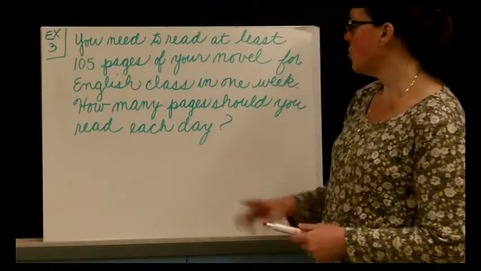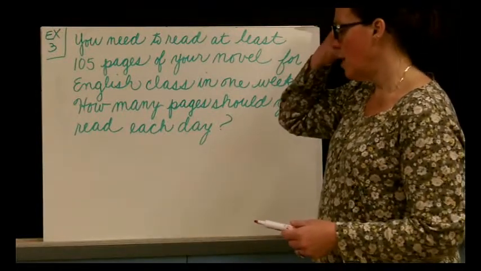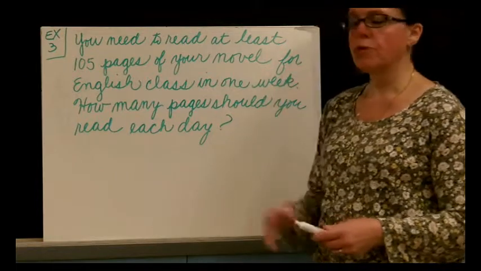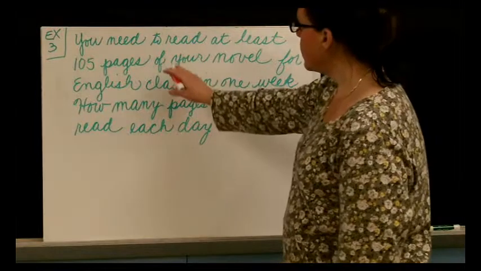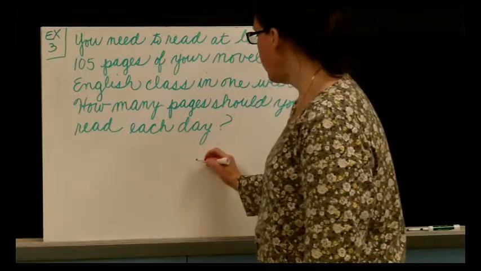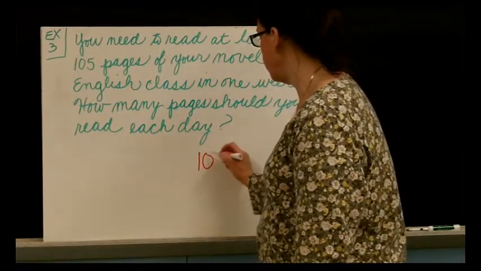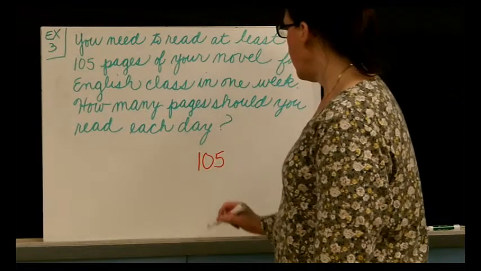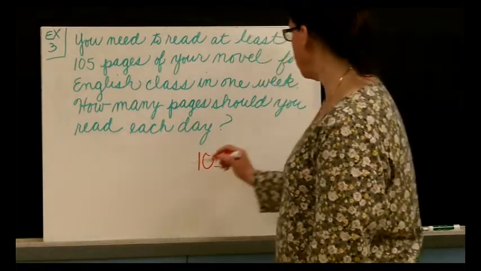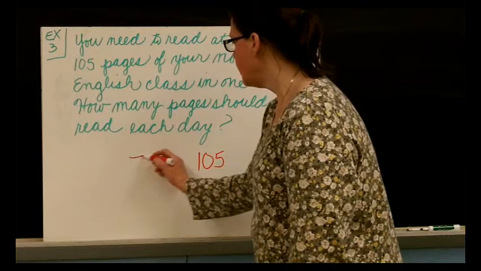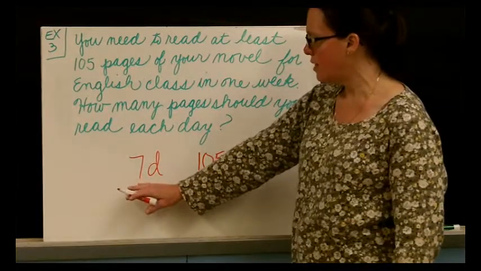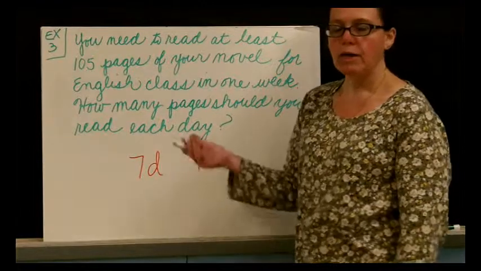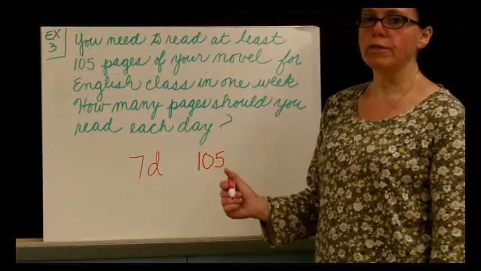And so we're going to write our inequality, assuming you're going to try to read the same number of pages every day. So since we have our 105, and we are going to read 7 pages every day, I'm going to express that as 7D. Now it's time to fill in our inequality symbol.